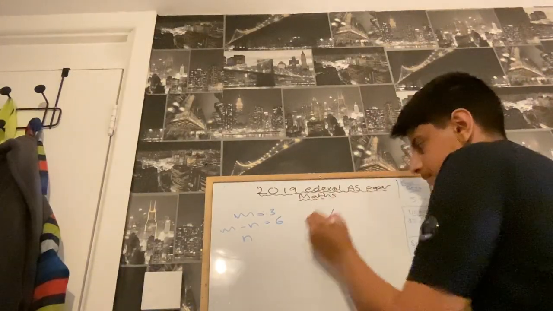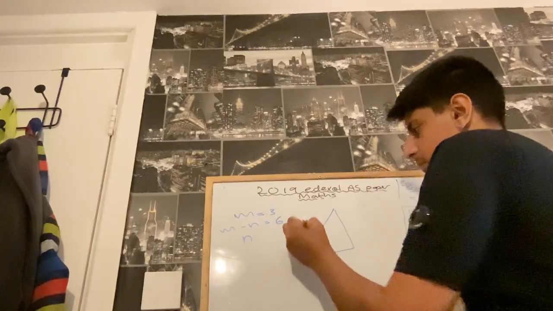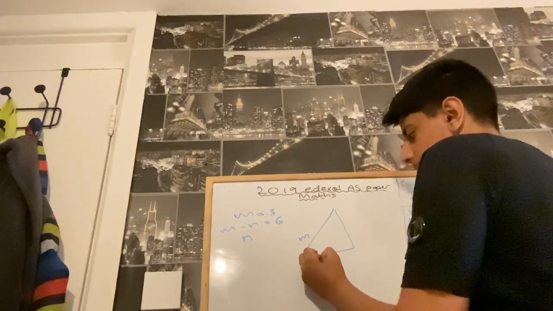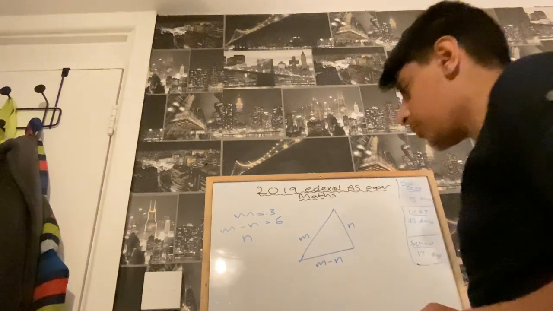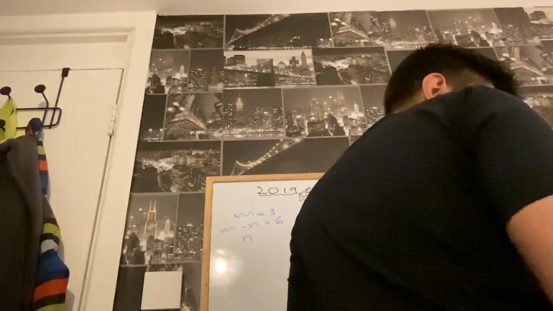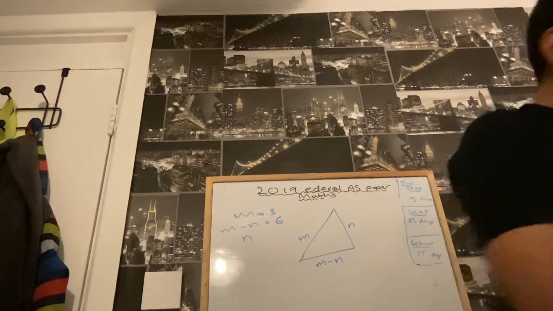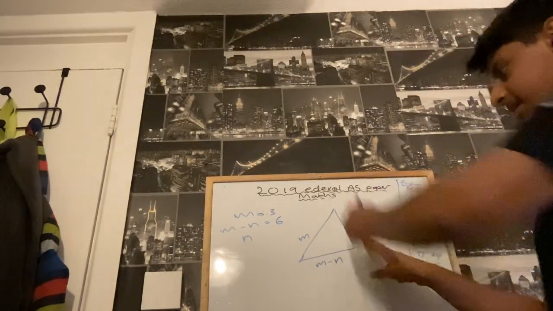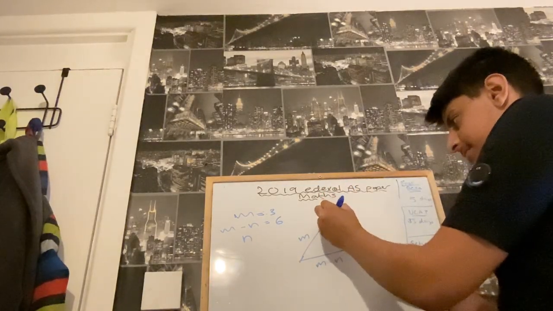So we've got m minus n, and n. We don't really need to work out what n is. We just know that it told us that the angle between vector m and n is 30. So this would be 30.